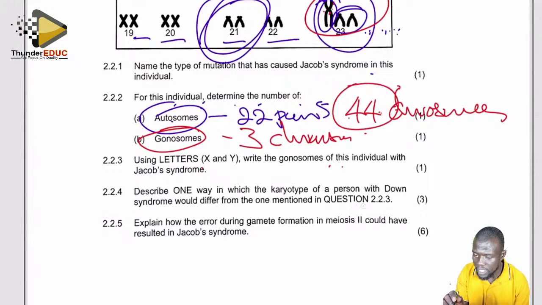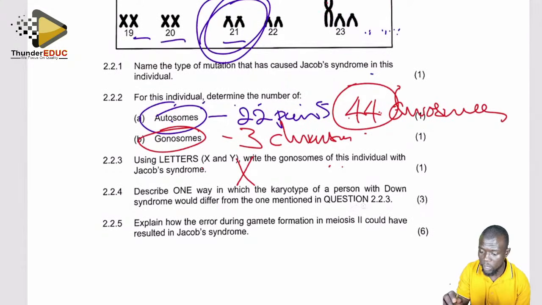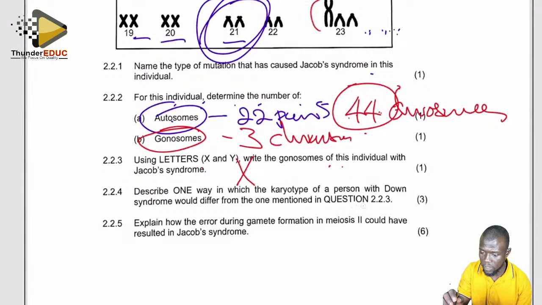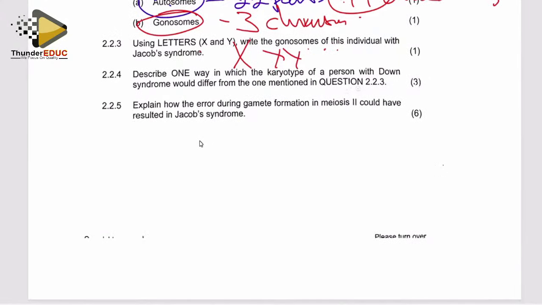So we see that the one which is long is X. Let me clear it up so that you're able to view. This is X, this is X, this is X, and then this is Y. So basically that is it. Yes, they're saying describe the way in which the karyotype of the person with Down syndrome will differ from the one mentioned above.